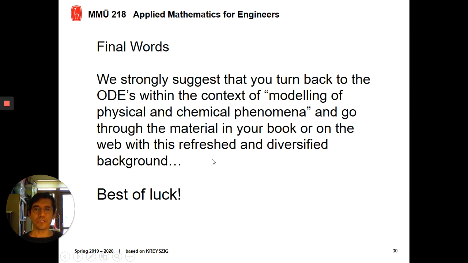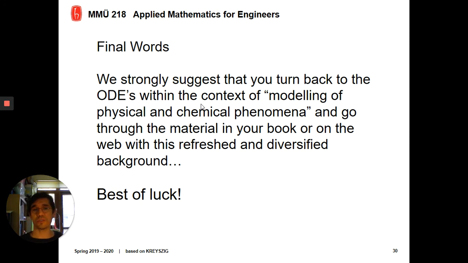And final words, please go back to your differential equation course notes. You will see, and it will reflect more after taking this course. And modeling a physical or chemical phenomena, these are the stuff that you learned already.